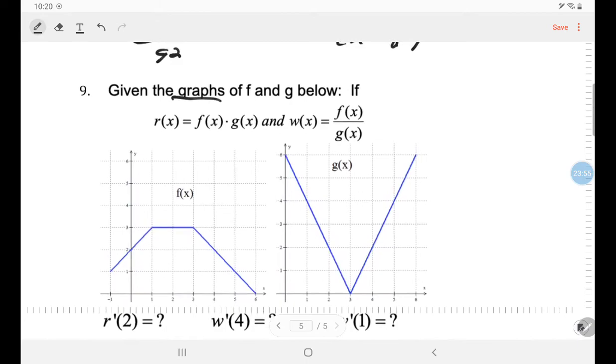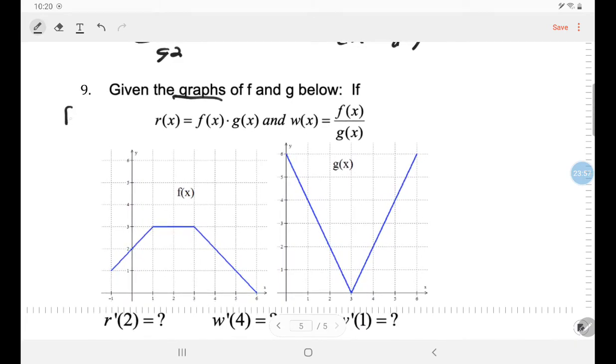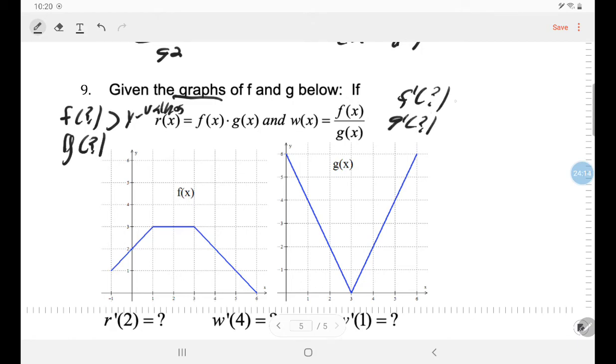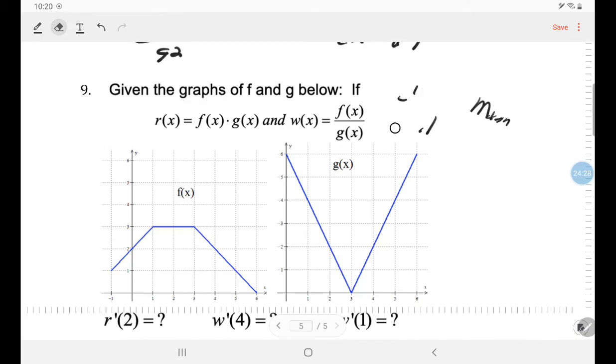Now, remember when we talk about this, if I'm talking about what is f of something and g of something, I'm looking for y values. When I talk about f prime of something and g prime of something, I'm talking about slopes. Specifically, I'm talking about slopes of tangent lines. So this is one thing we need to make sure is crystal clear before we go any further so that we know what we're looking for.